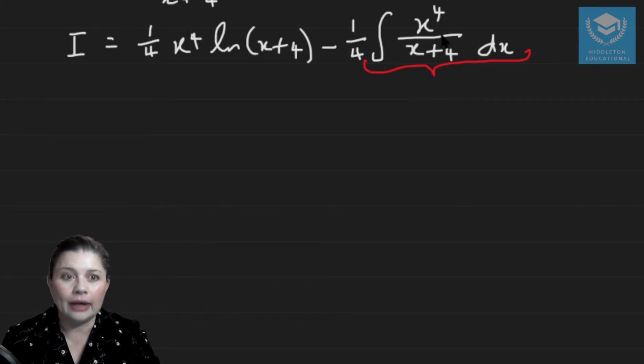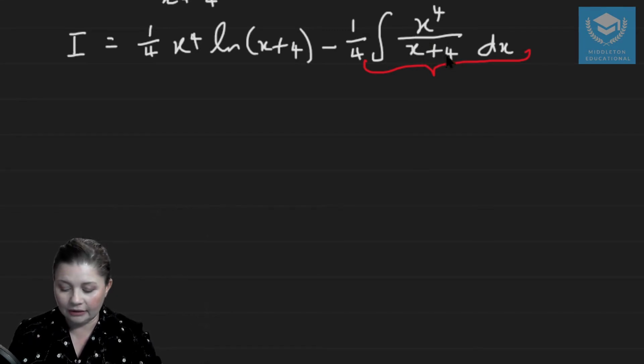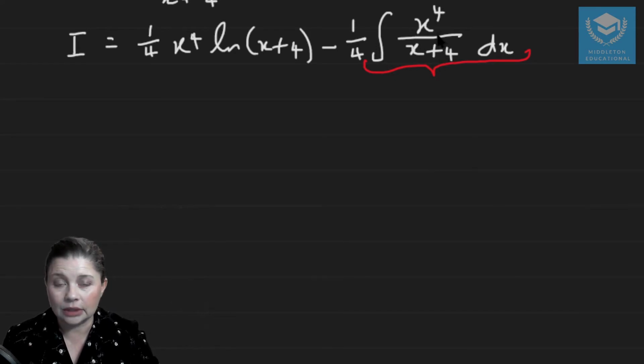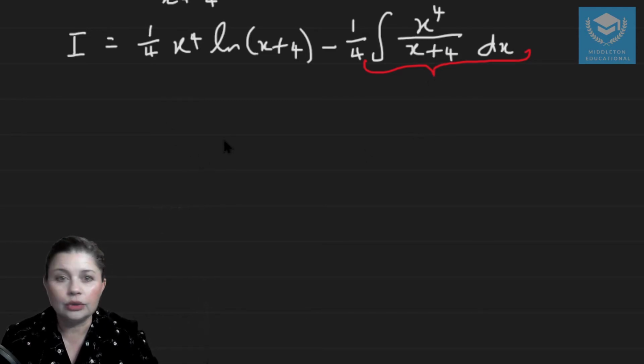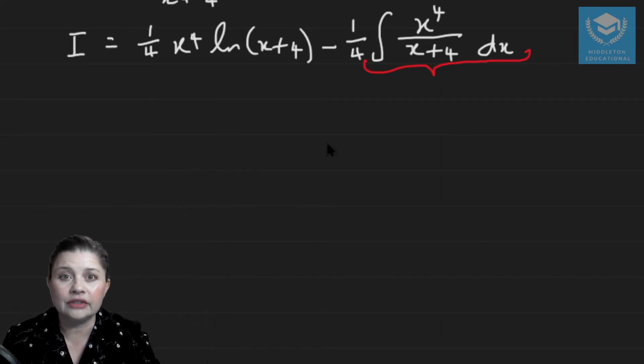Now, because you have a numerator and a denominator, it means that you have something that says x to the power 4 divided by x plus 4, so you have a quotient and a divisor. So now you can use long division in order to change the way this function looks.